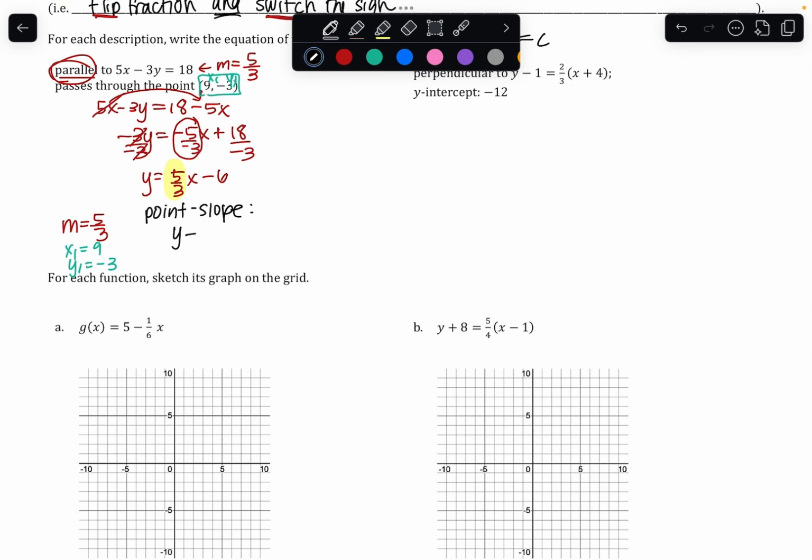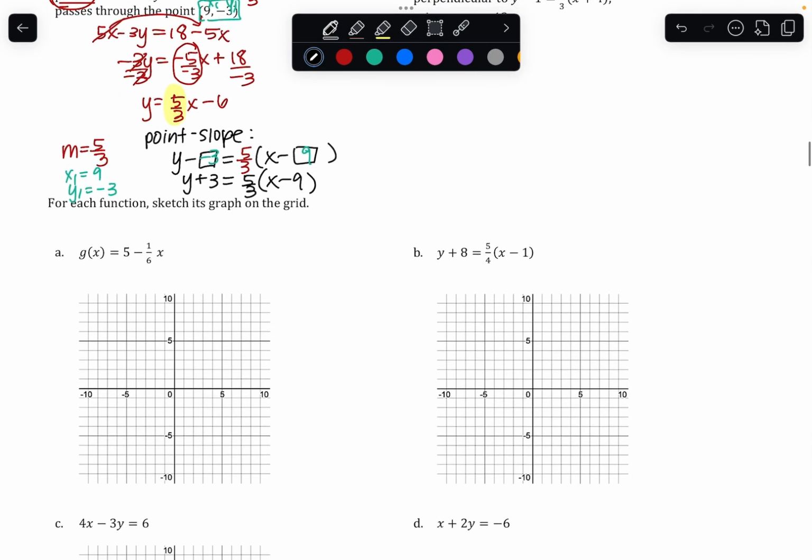Okay, so y minus the y equals m, which we know is 5/3, x minus the x. We fill in the 9 for the x, -3 for the y. So that's y plus 3 equals 5/3 (x minus 9). Okay, so there's our equation.